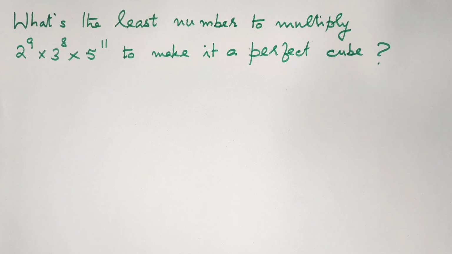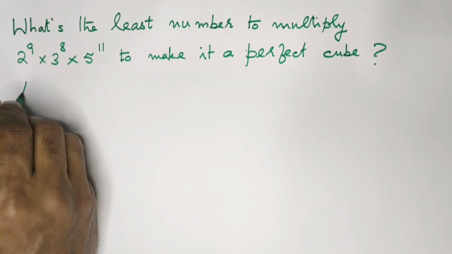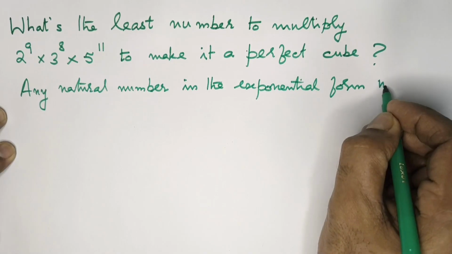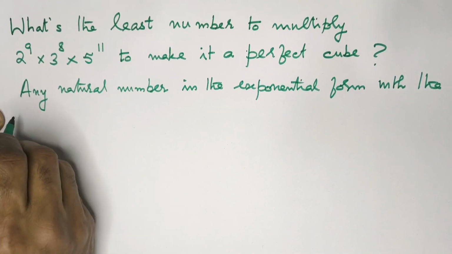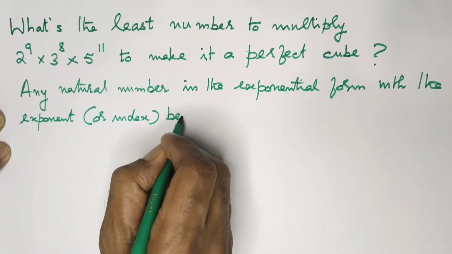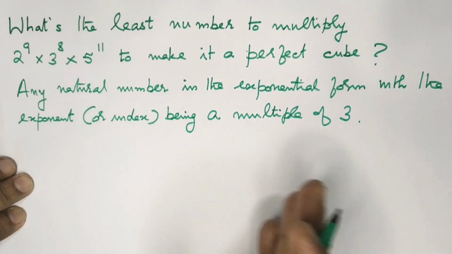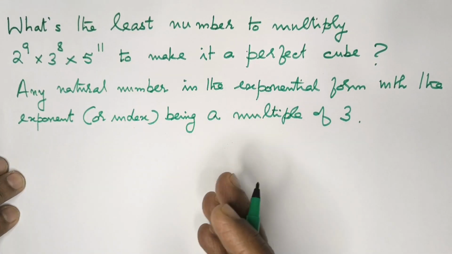So the first thing is to have a clear idea about what exactly is a perfect cube. I'll write it here. Any natural number in the exponential form with the exponent or index being a multiple of 3. This is the meaning of a number which is a perfect cube.